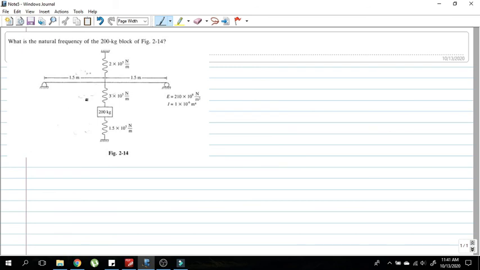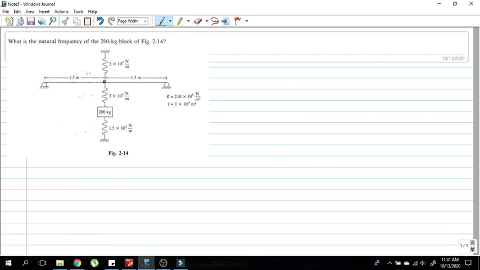Now in this example we have a simply supported beam, and as you can see, this spring mass system goes right in the midpoint. Okay, goes right across the midpoint of this beam. Like what we did in the previous case, this simply supported beam has a stiffness value, right?